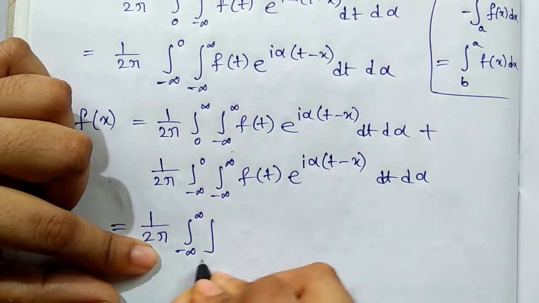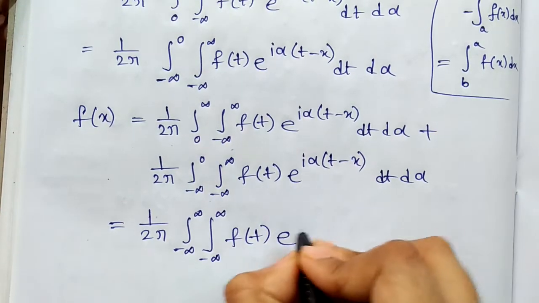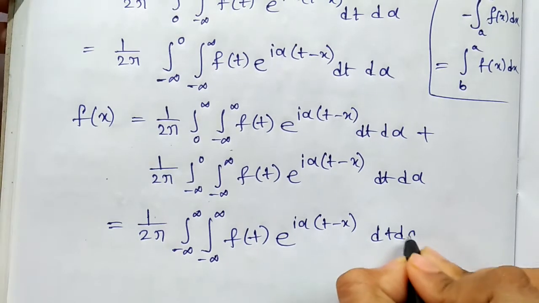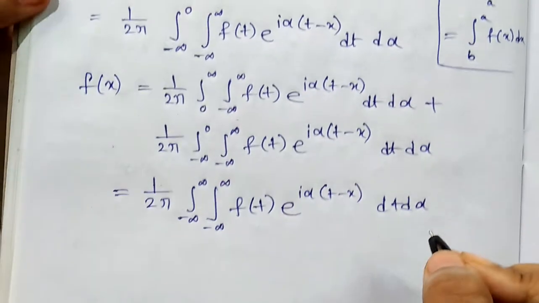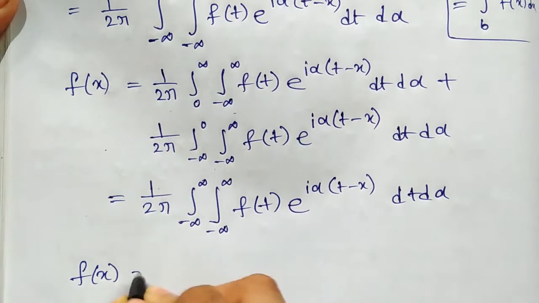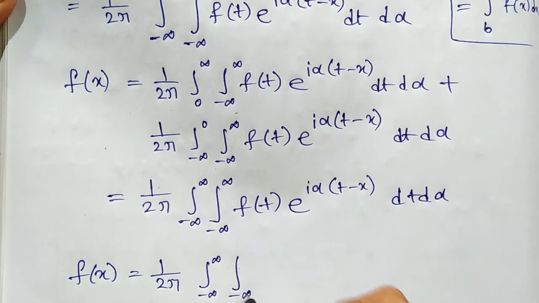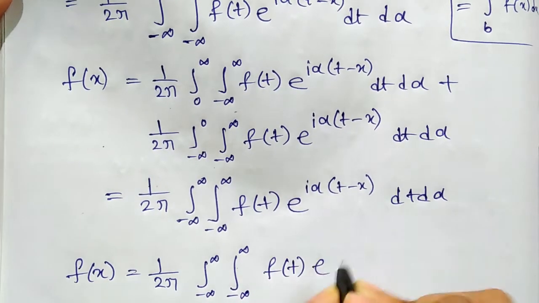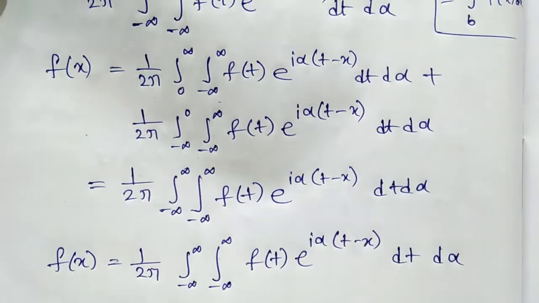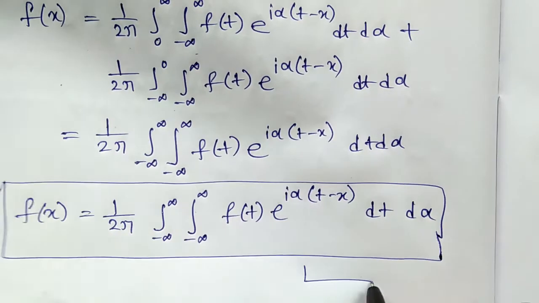The remaining part is integration minus infinity to infinity, f(t) e to the power i alpha(t minus x) dt d alpha. So f(x) equals 1 by 2 pi, integration minus infinity to infinity, integration minus infinity to infinity, f(t) e to the power i alpha(t minus x) dt d alpha. This is the key line, so we box it and number it as 1.